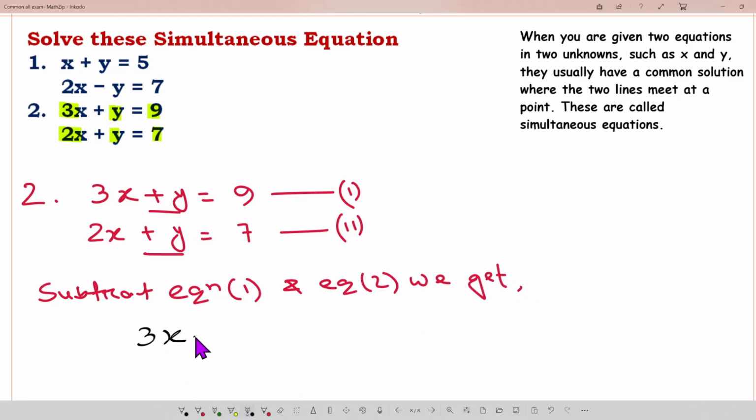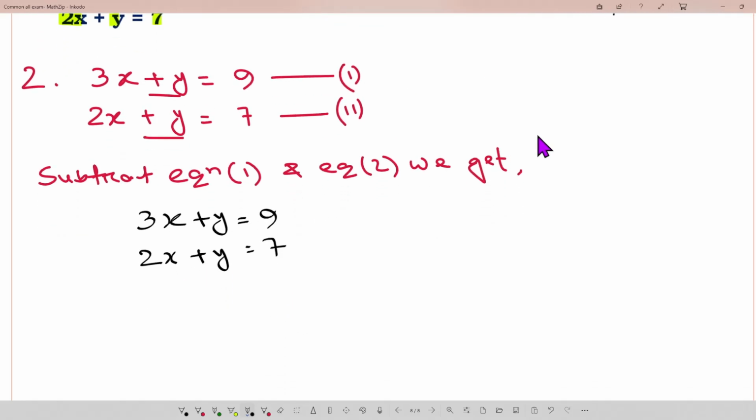Here is 3x plus y equals 9, then 2x plus y equals 7. Once we subtract, the sign will change. So plus y and minus y cancel out, 3x minus 2x is x, and 9 minus 7 is 2. So we get x equals 2.